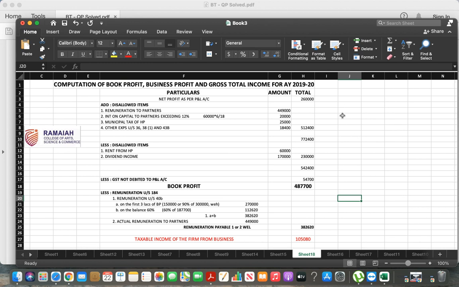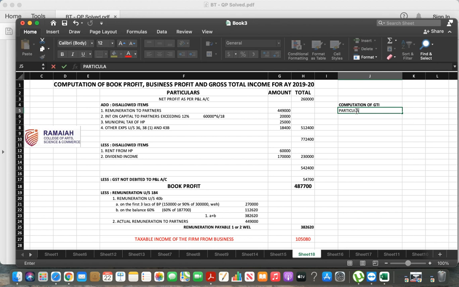So write down. Next, computation of gross total income. Particulars, amount.